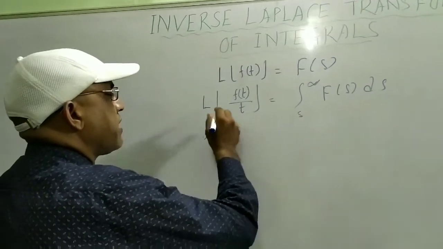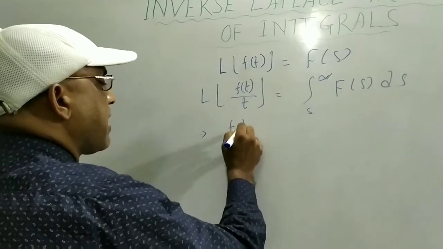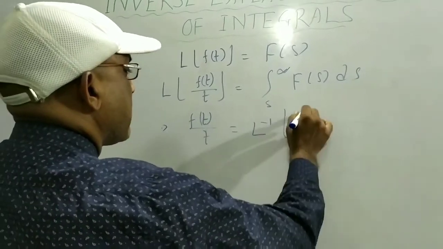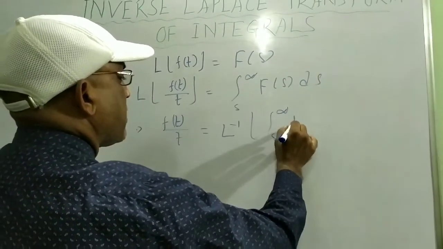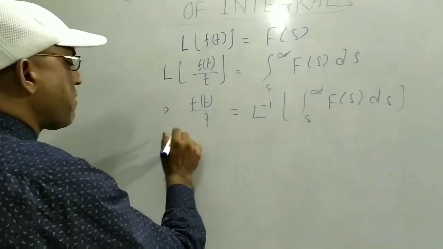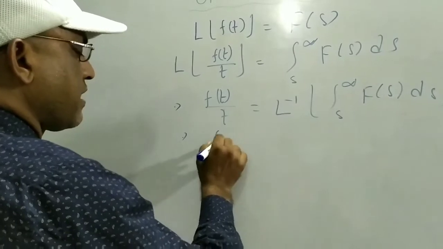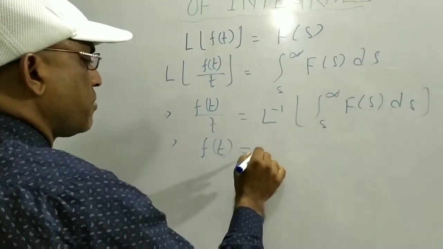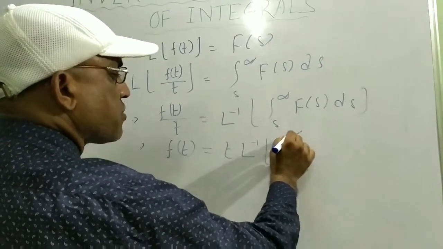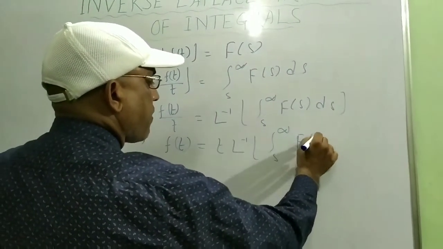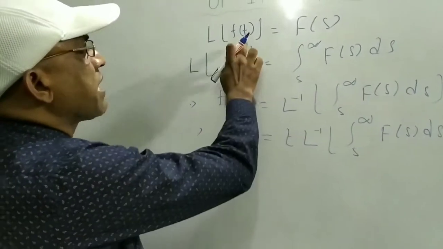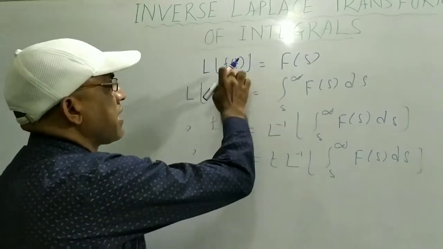So if we take L inverse on the right hand side of f(t) by t, then this will be L inverse of the integral from s to infinity of F(s) ds. Now if we multiply by t on the right hand side, f(t) equals t L inverse of the integral from s to infinity of F(s) ds. We get this.